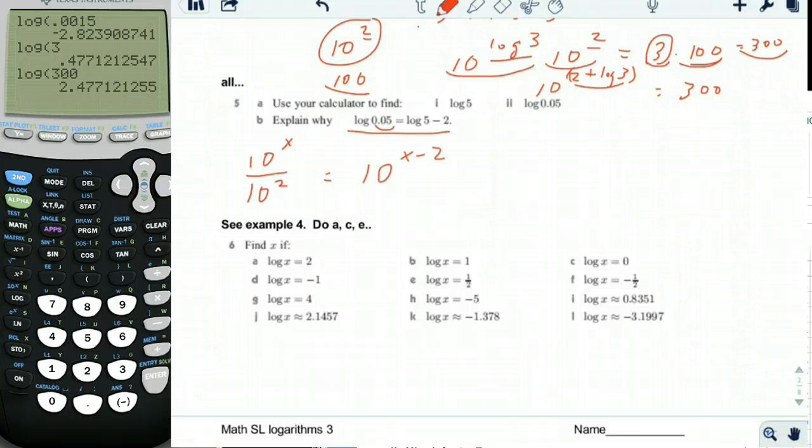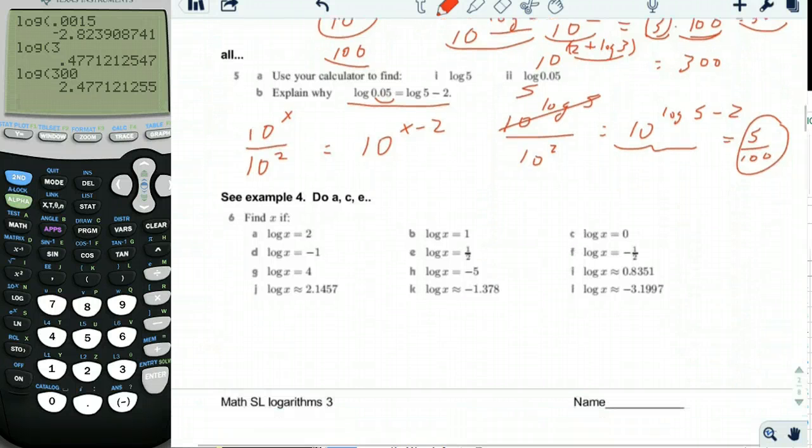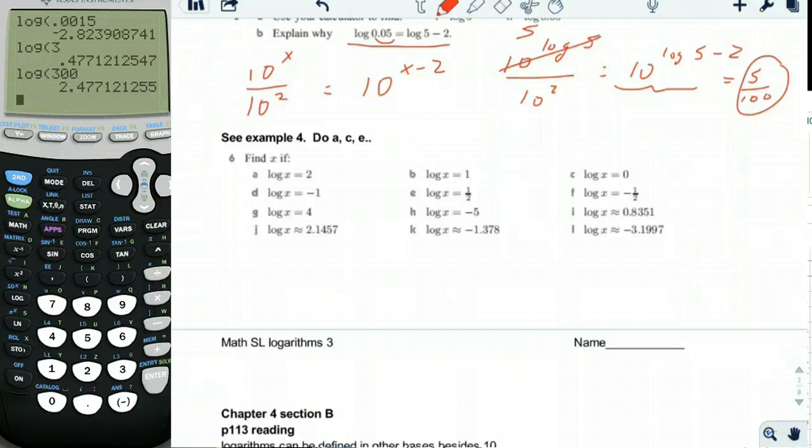So if x is log 5, then this would be equal to 10 to the log 5 minus 2, right? And remember, 10 to the log 5 is the same thing as 5. Okay, so basically this is saying 5 divided by 100 is equal to 10 to the log 5 minus 2.